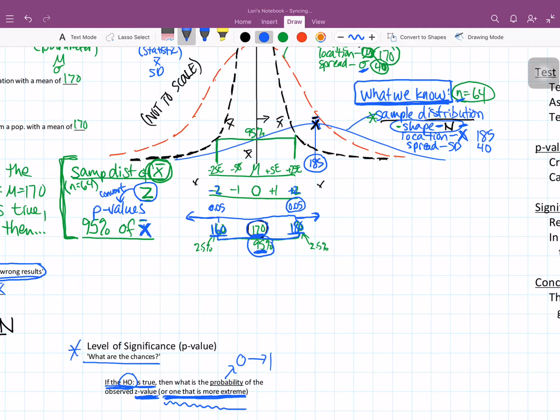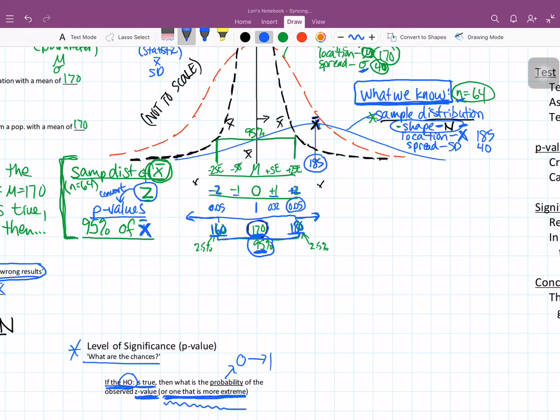Now let's fill in some of these other probabilities or p-values. A p-value of 1 goes with a z-value of 0. And so the probability of it being 170, 100% are that value or more extreme away from 170. So when the z-value is equal to plus or minus 1, we end up with a p-value of 0.32.